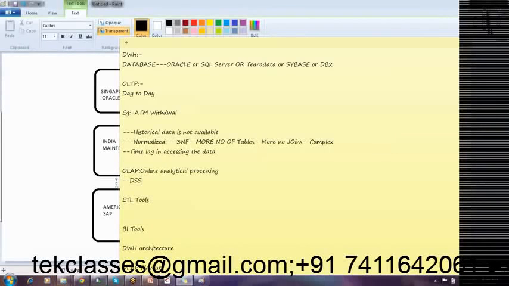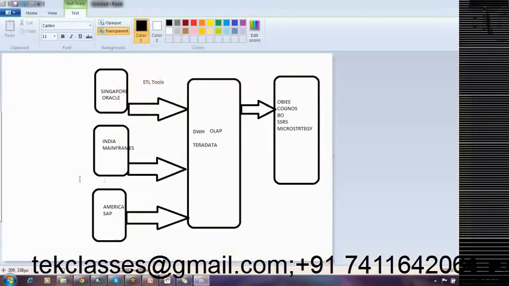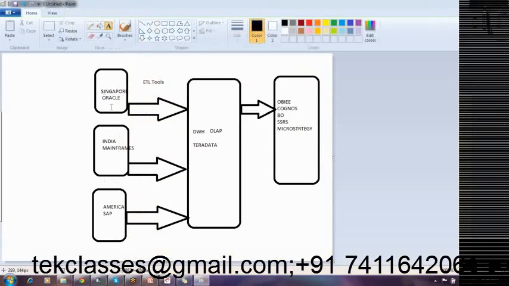To integrate the data, we are going to use ETL tools. ETL stands for extract, transform, and load. So you are going to extract the data from different applications, and before loading the data into the data warehouse, you are going to modify the data.